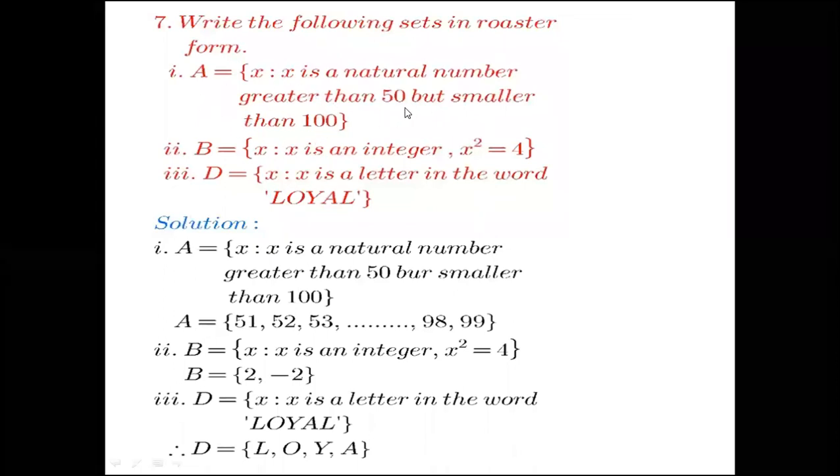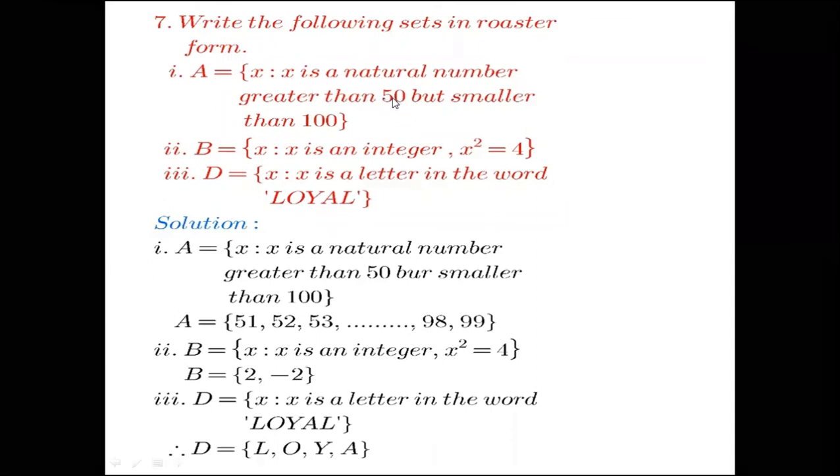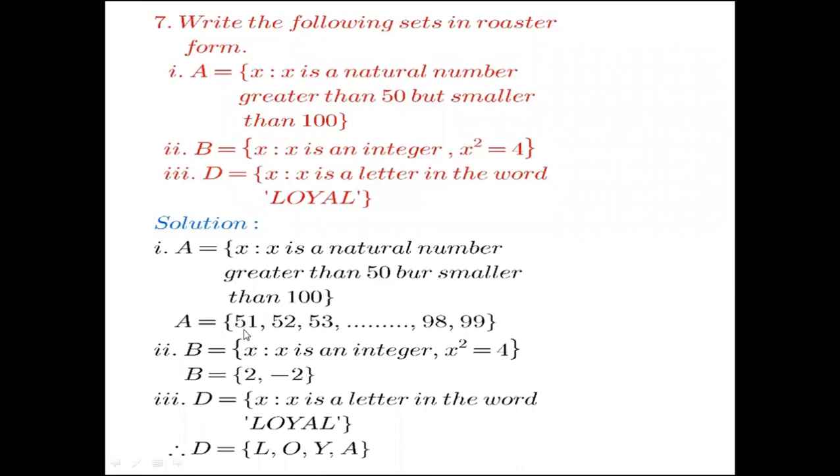So the condition here is x is a natural number which is greater than 50 and it should be less than 100. If you write the elements of that particular set, then you can write the elements as 51, 52, 53 and so on up to 99.